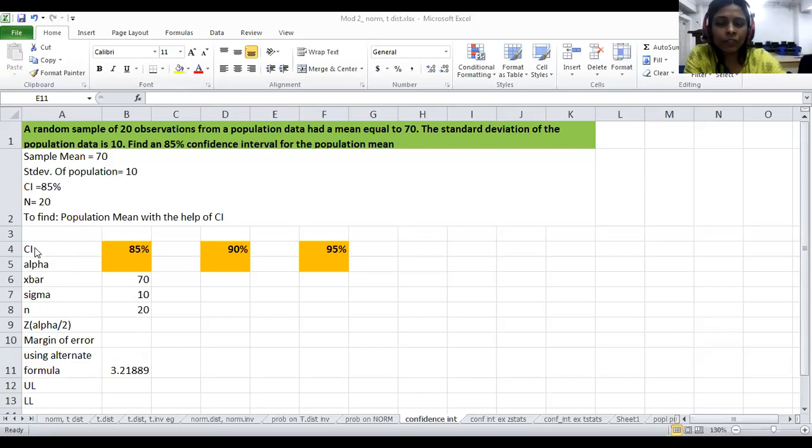So we know the confidence level is 85%. So the remaining alpha value is actually 15%. So I'm just writing it as 0.15, or you can also write it as 15%. Okay. The X bar is 70. Sigma, this is nothing but your population standard deviation, which is 10, and N is 20.